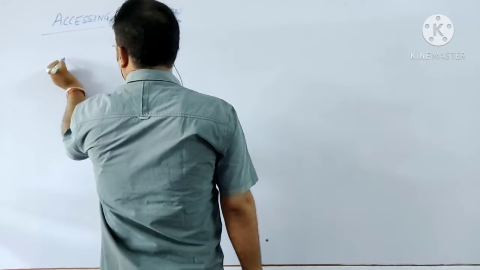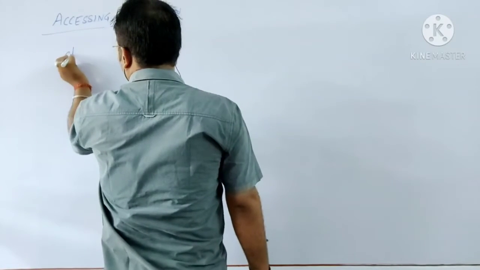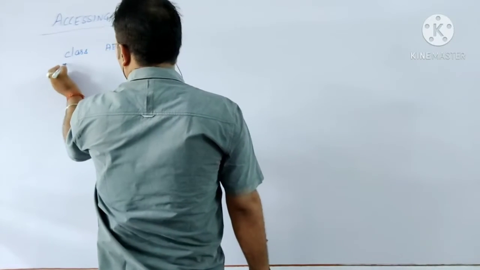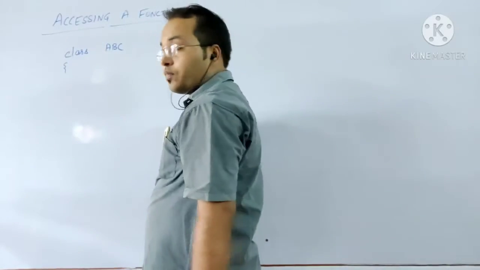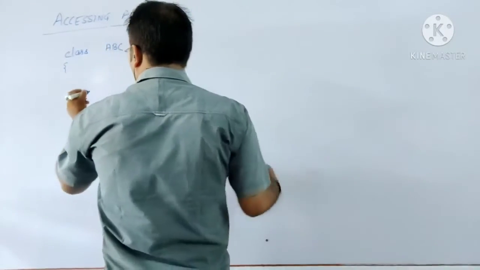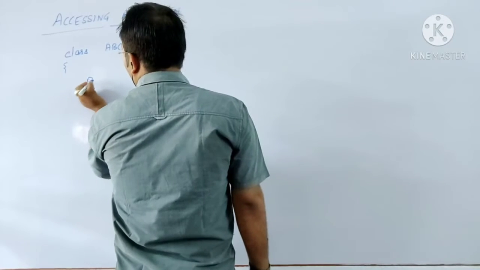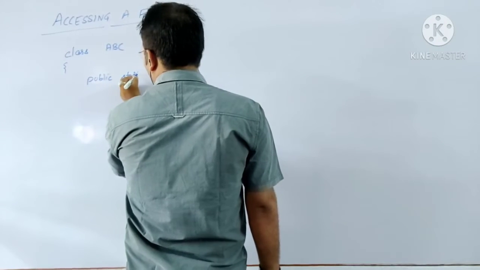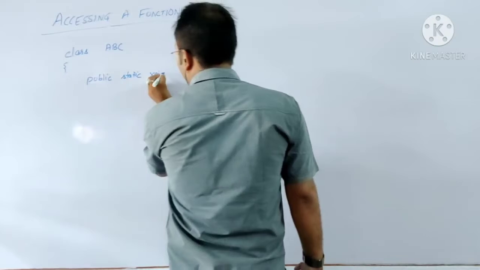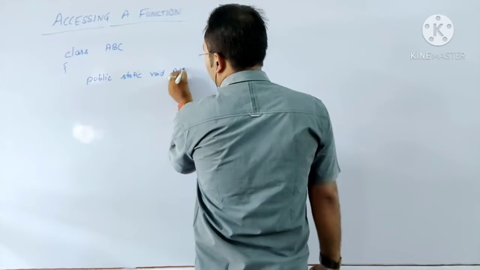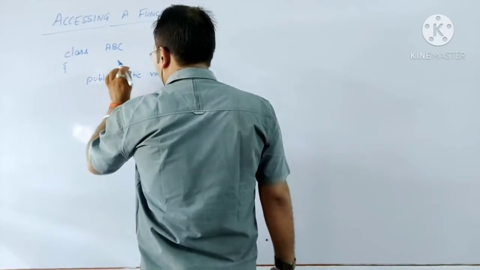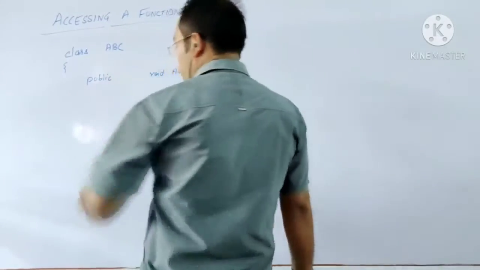Suppose your program is class ABC. In that, you write static void add. Add is your function name.